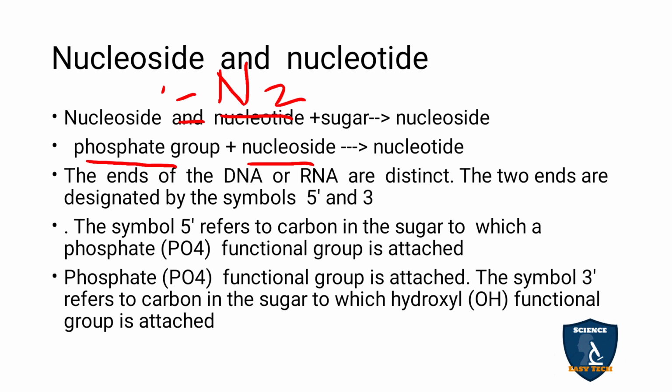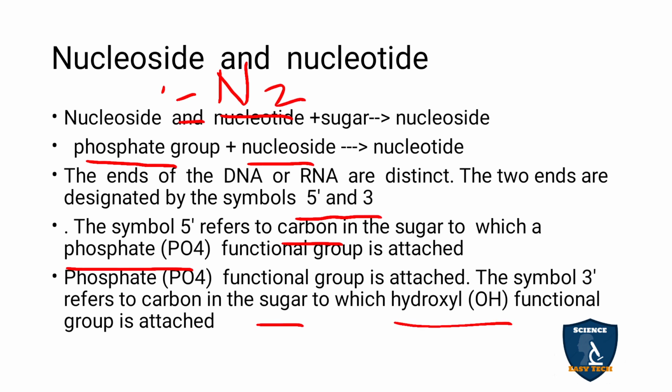And the ends of RNA and DNA are distinct. Why distinct? With the symbols 5' and 3'. 5' means the carbon of the sugar to which the phosphate functional group is attached. And 3' means the sugar is attached to the hydroxyl group.